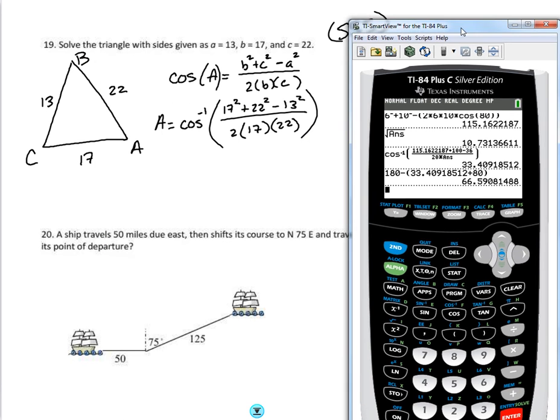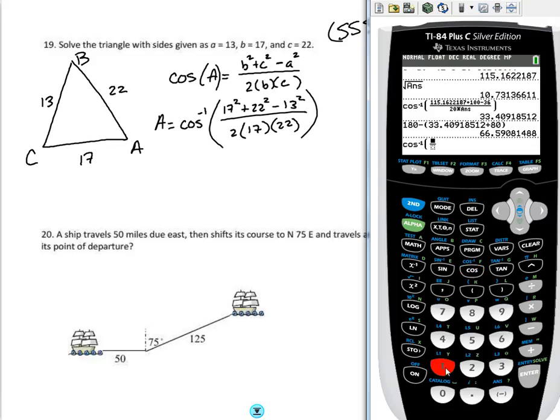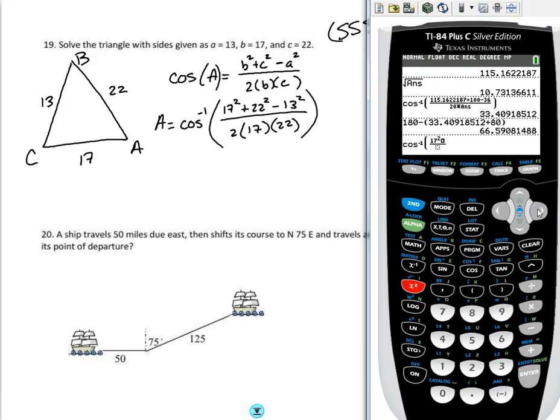So I'm going to do the cosine inverse, fraction, 17 squared plus 22 squared minus 13 squared, all divided by 2 times 17. 36.149.